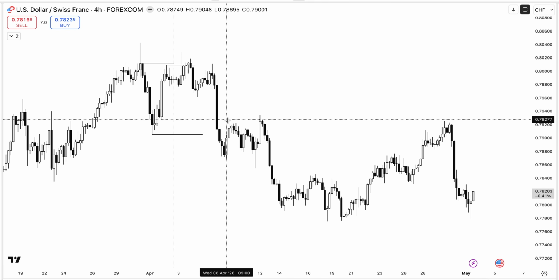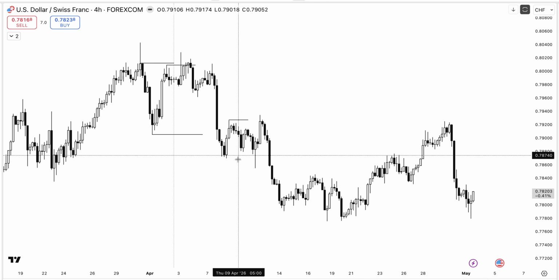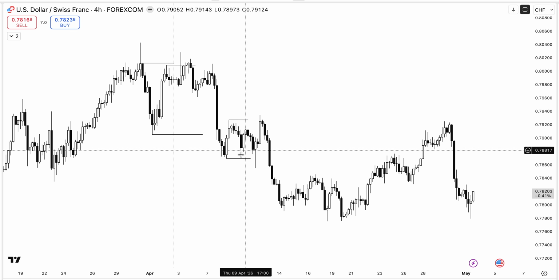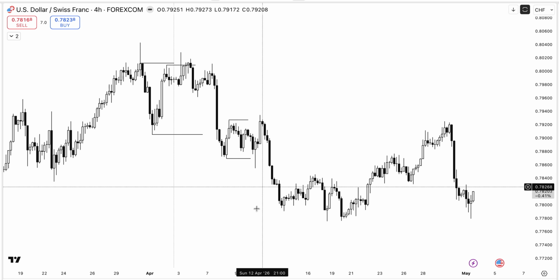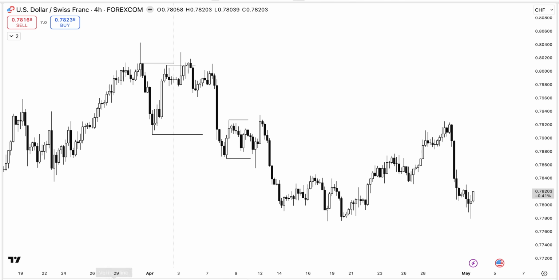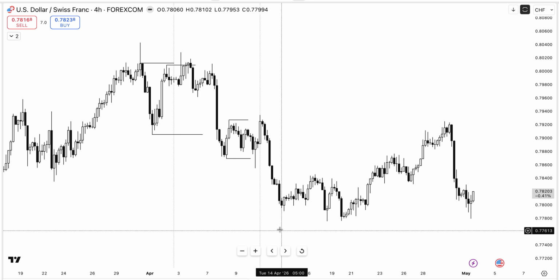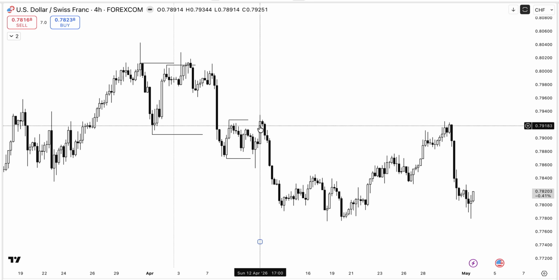So right here also, we can see we have this range high, right? And we have this range low. So stay with me. I want to explain something. We have this range high and we have this range low. And remember, time plays a very, very important role, right? And this right here is a new day opening.